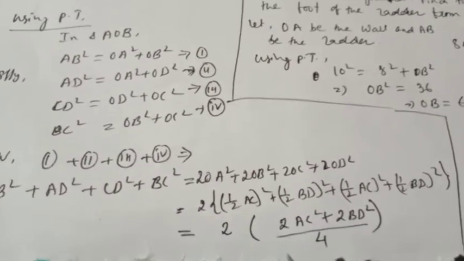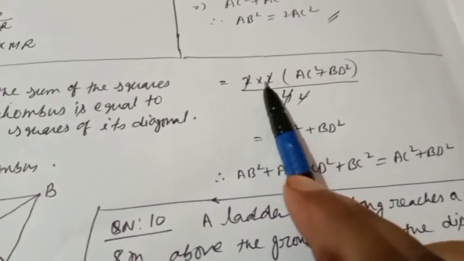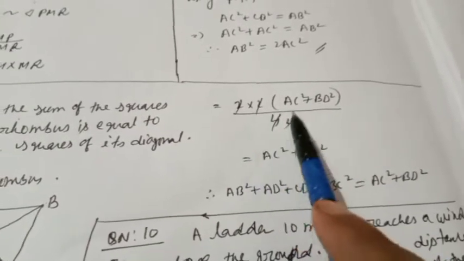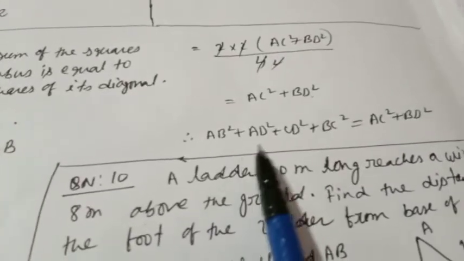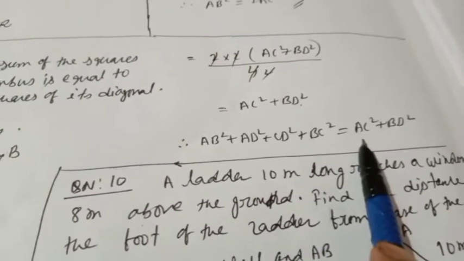Now 2 is common. Already we have a 2 here. Then 2 again is common, multiplied with this 2, then AC square plus BD square. Then 2 twos are 4, then 4 and 4 cancel. What is left? AC square plus BD square. So at last what we got? AB square plus AD square plus CD square plus BC square is equal to AC square plus BD square.